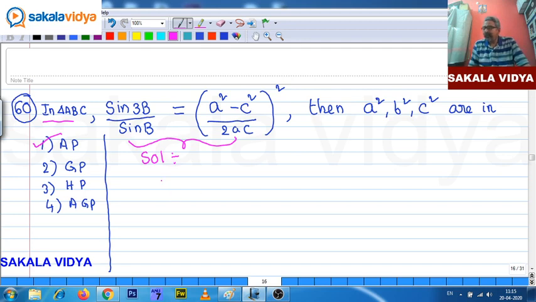So now I am doing it once again. Sine 3b is equal to 3 sine b minus 4 sine cube b, because sine 3 theta is equal to 3 sine theta minus 4 sine cube theta, upon sine b.